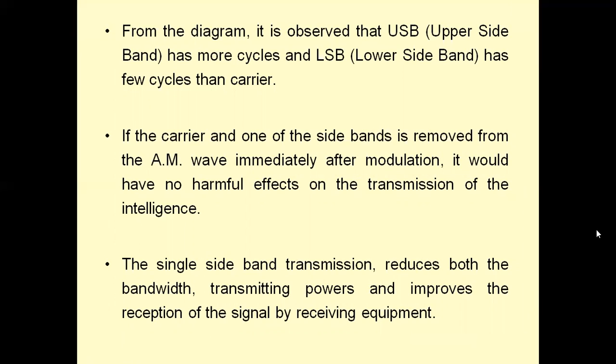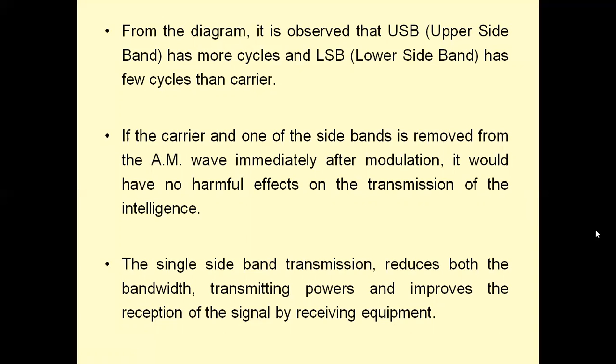From the previous diagram, I can observe that the upper sideband has more cycles and the lower sideband has fewer cycles than the carrier, because the upper sideband frequency is FC plus FM, the carrier frequency is FC, and the lower sideband frequency is FC minus FM.